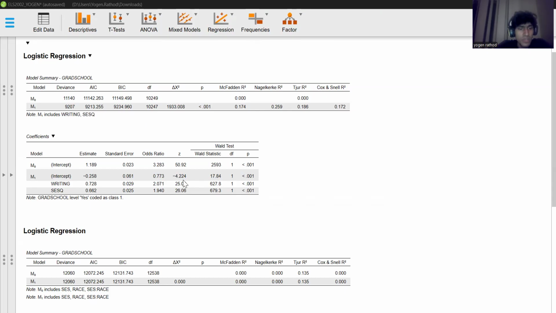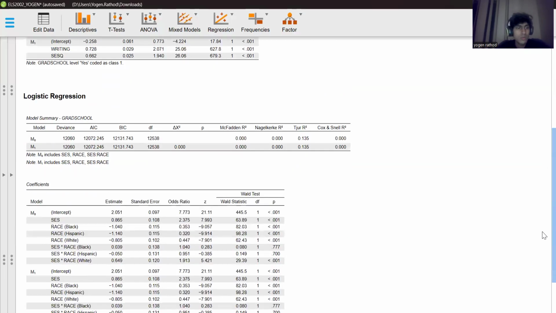Also, socioeconomic status was a significant predictor with a p-value less than 0.001 and an odds ratio of 1.940. We see that as students move up by one SES quartile, their odds of attending graduate school nearly doubles. So that's the result we got for question number one.